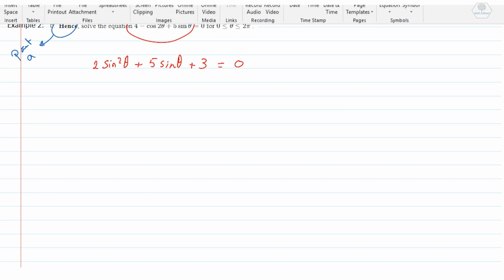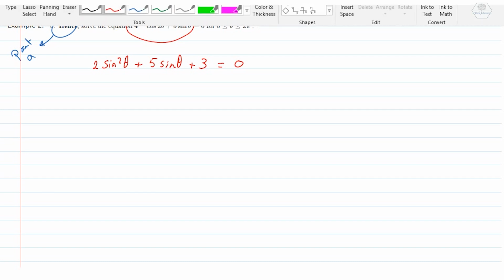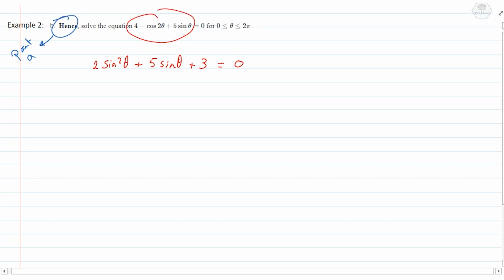Now I need to solve this equation. To solve it, I treat sine theta as x. So it is a quadratic equation: 2x squared plus 5x plus 3 is equal to 0.